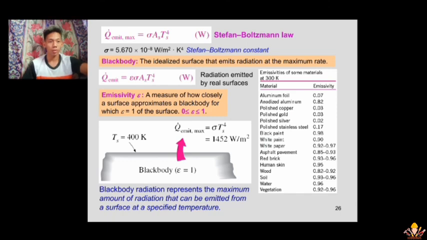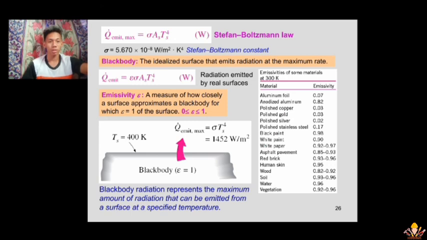We have the Stefan-Boltzmann law. We have the Stefan-Boltzmann constant. It is 5.670 times 10 raised to negative 8 watt per meter squared times Kelvin raised to 4. A black body is the idealized surface that emits radiation at the maximum rate. We have the equation for radiation emitted by a real surface.